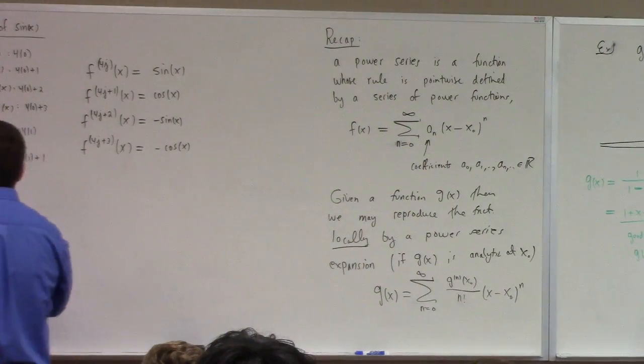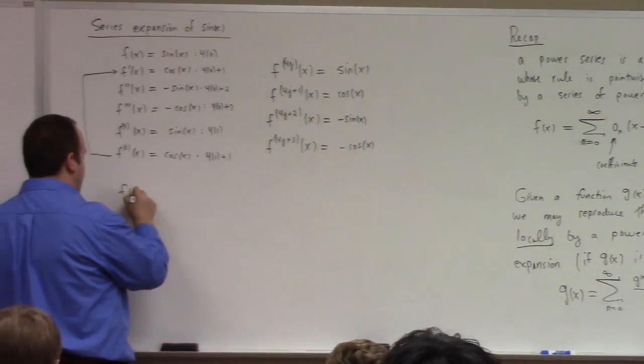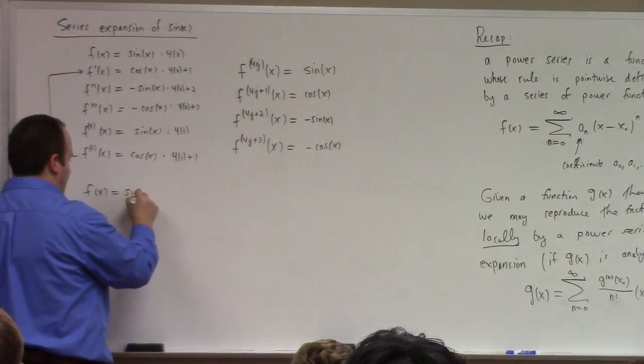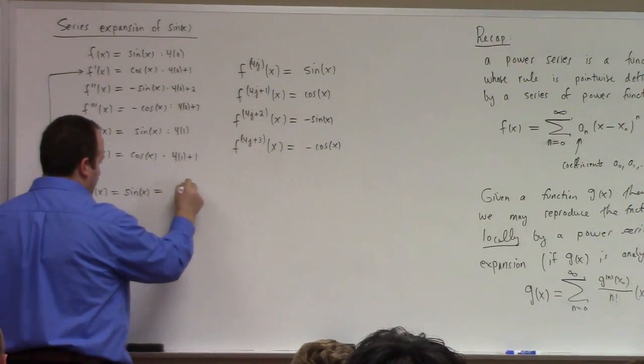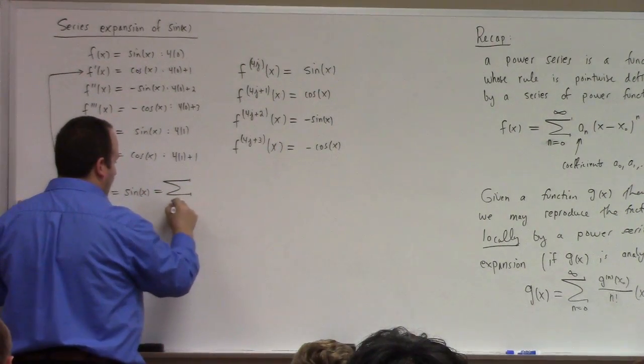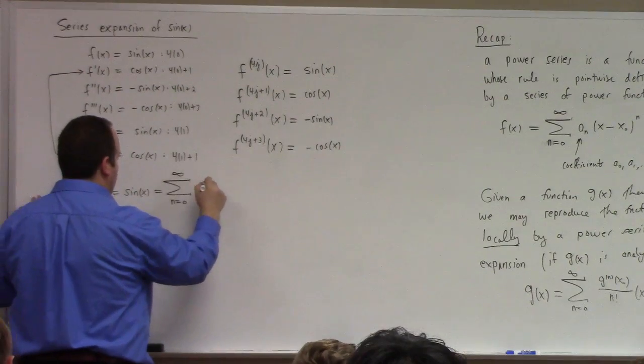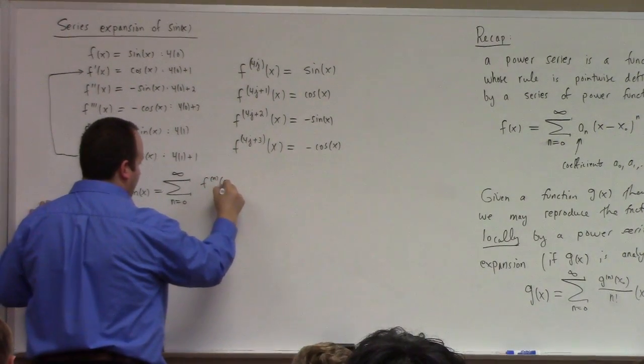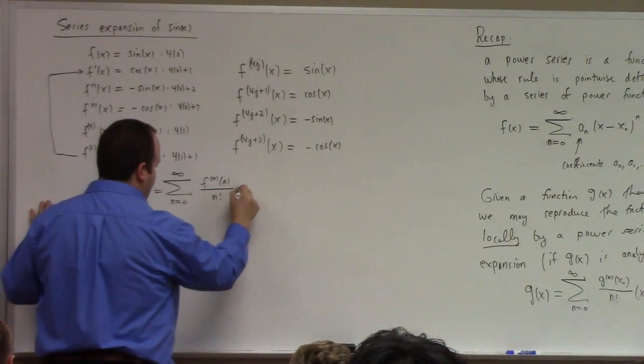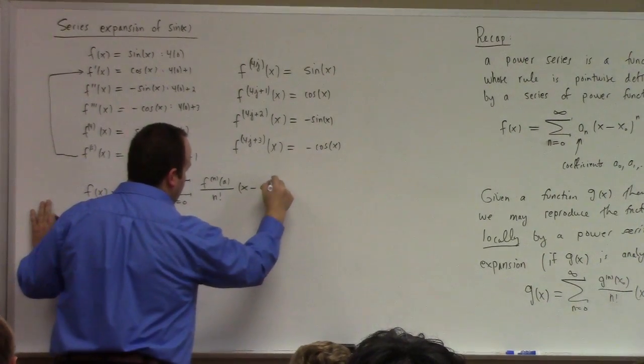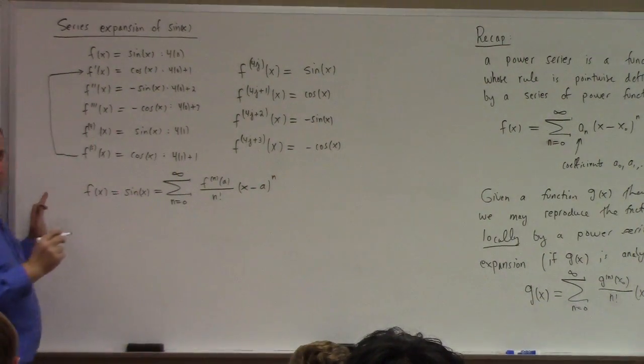And so when I write Taylor's theorem, which says what? F of x, which is sine x in this case, is equal to a sum n equals 0 to infinity of the nth derivative at a over n factorial times x minus a to the n. I assume you want me to find the expansion at a, am I right?